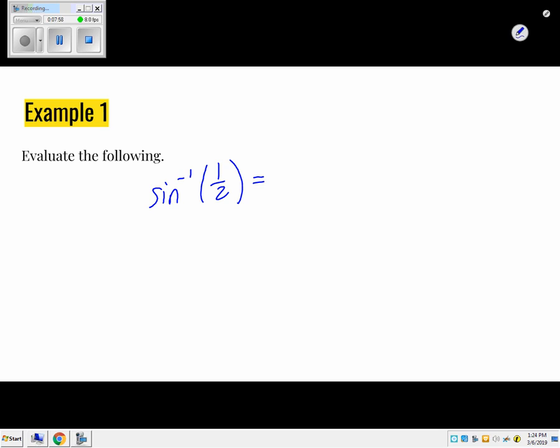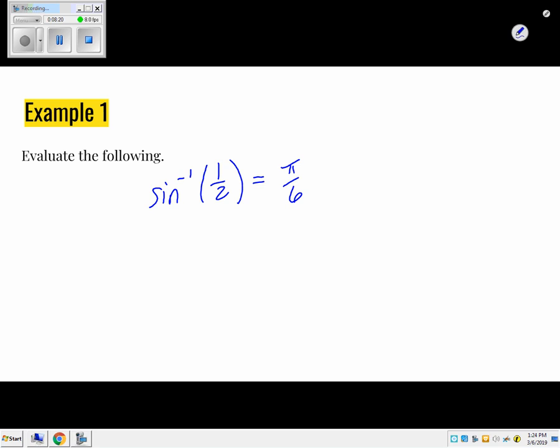All right, so I take sine inverse of what angle gives me 1/2? Pi over 6. 30 degrees. 30 degrees, pi over 6, whichever one you want to give me. I will accept both of those.